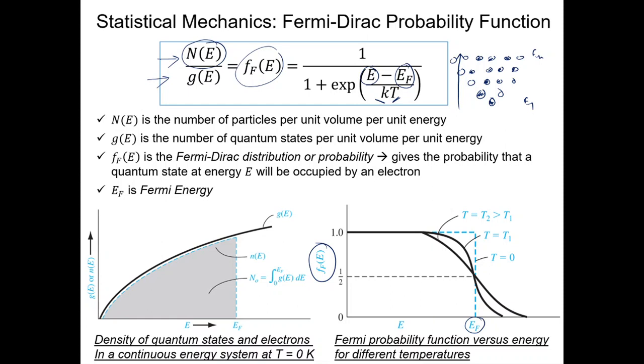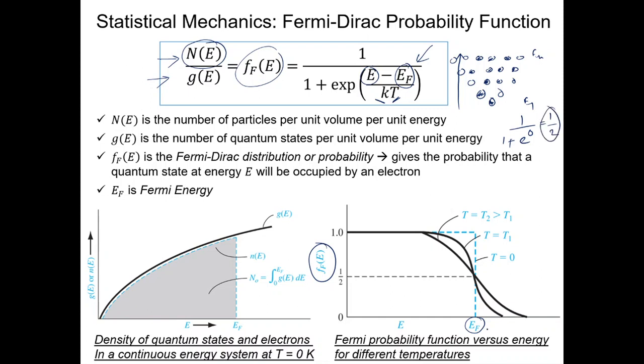Now EF is the energy level where the probability of filling the state is 1 by 2. How? If we put E equals EF here, it becomes 1 upon 1 plus exponential 0 by kT, which is 0. So it becomes 1 upon 1 plus 1, which is 1 by 2.